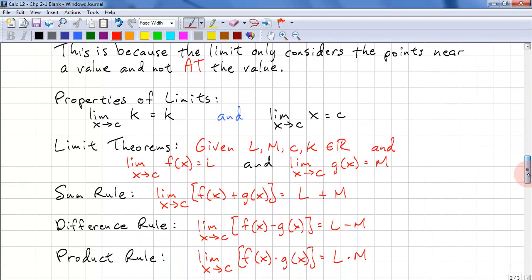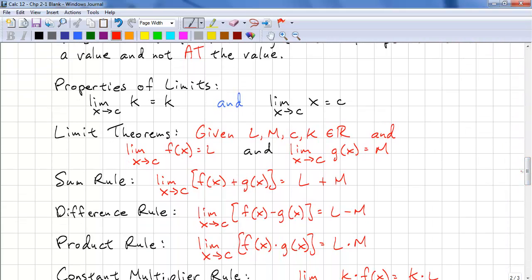So here are some limit properties. If we have a constant value, the limit as x approaches c is just that constant value. Now this looks complicated, but it's actually fairly simple. If we look at a graph of x and we look at what happens at c, what happens when we get close to c?